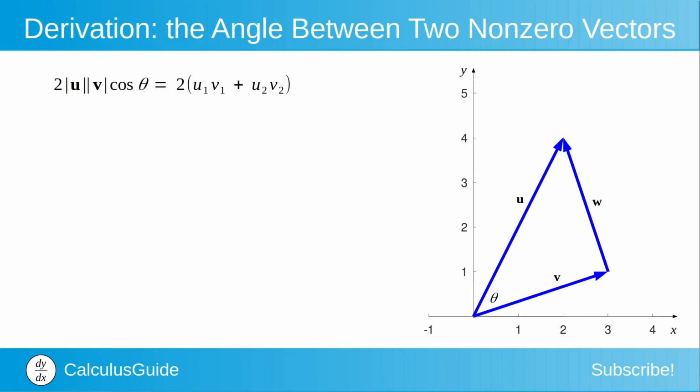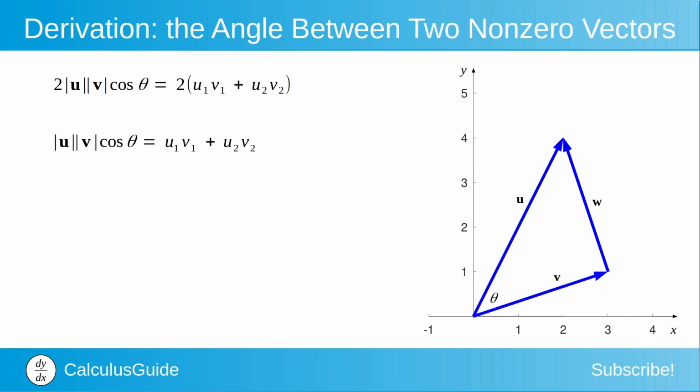So we have that 2 times the length of the vector u times the length of the vector v times cos theta is equal to 2 times open bracket u1 v1 plus u2 v2 close bracket. Dividing by 2 on both sides of the equal sign, we get the length of the vector u times the length of the vector v times cos theta is equal to u1 v1 plus u2 v2.